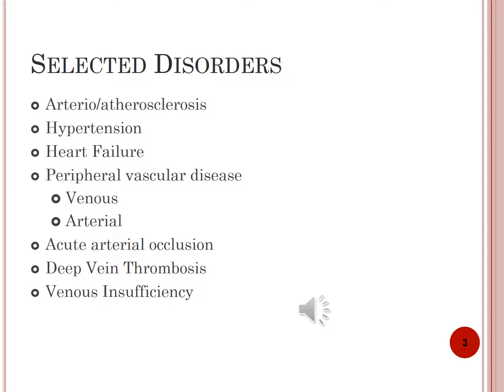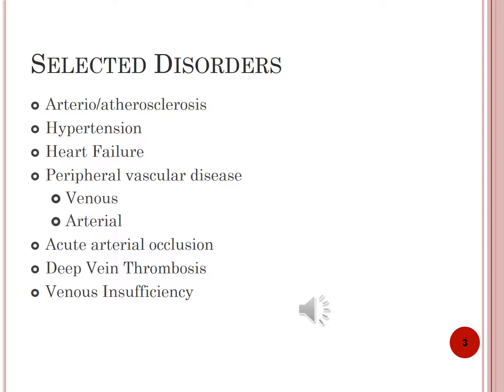Then we're going to talk about different clots, whether it's acute arterial occlusion or a deep vein thrombosis, and your role as the nurse, what you would want to assess for, potential interventions for that patient. All of these have risk factors or things that make a person at higher risk of developing them.